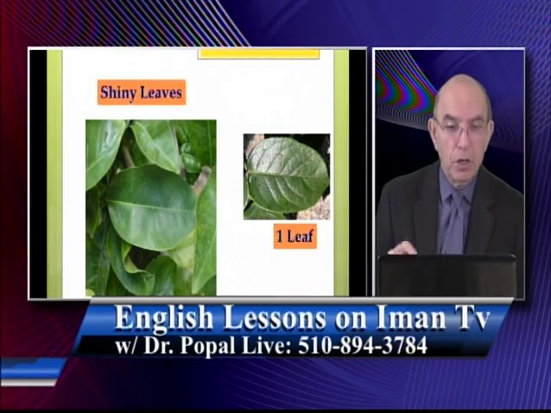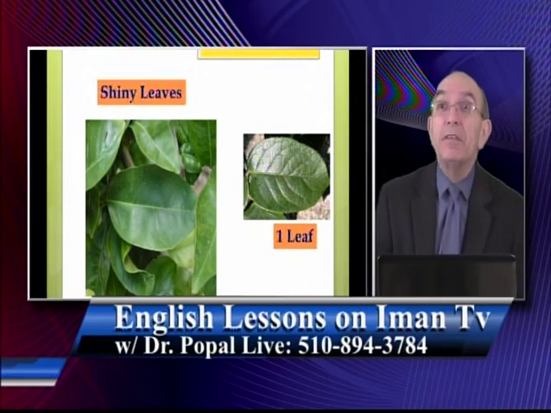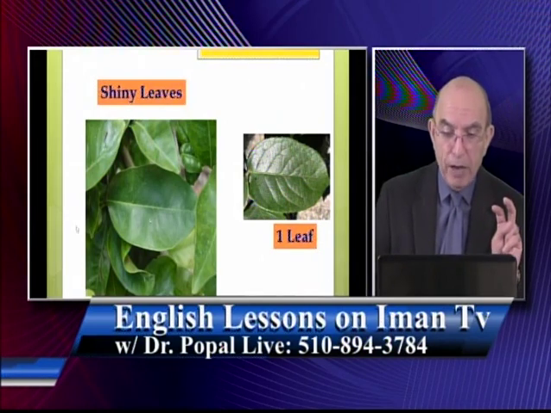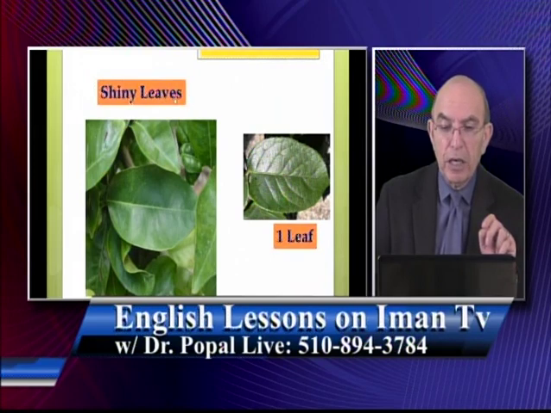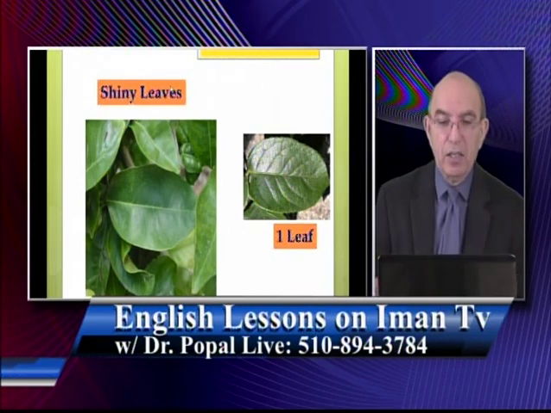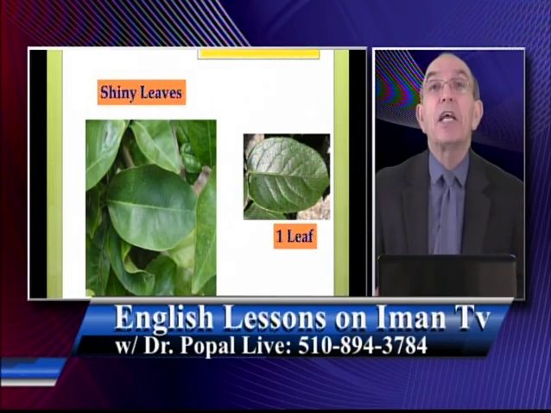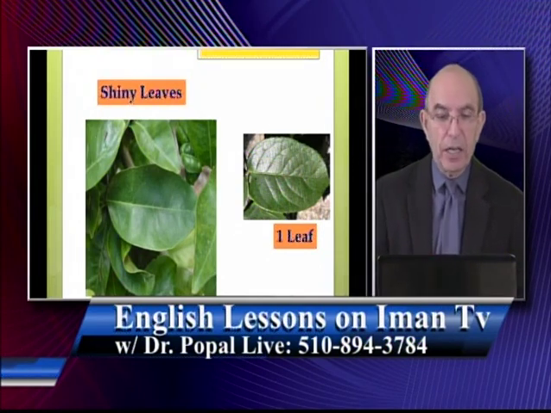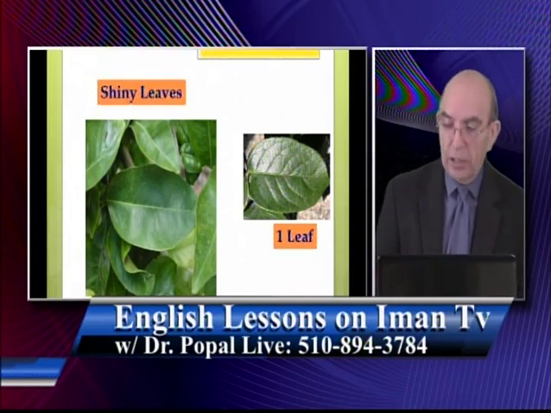One leaf, many what? Leaves. So look at the change in the spelling. If it is singular, you say one leaf, L-E-A-F. If it's two or three or more, like here we have a lot of those, you change what? F to V, and you add what? E-S. So it becomes leaves. One leaf, two leaves. And these are shiny, so you call it shiny leaves.